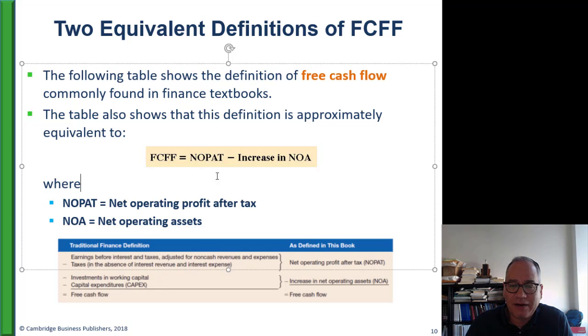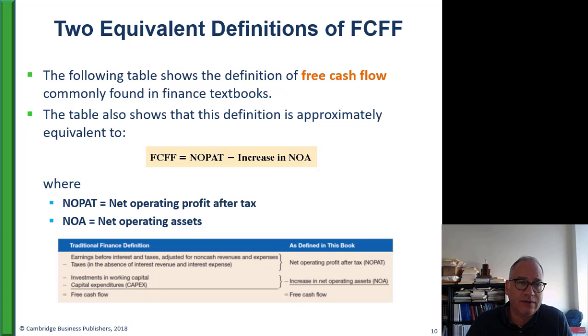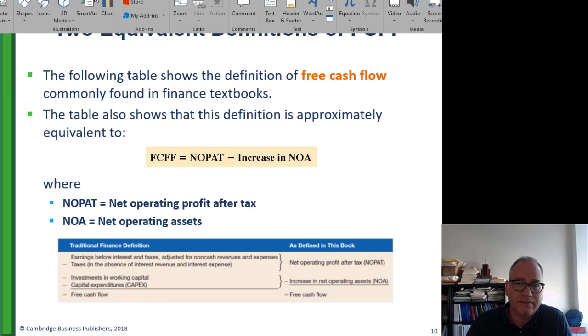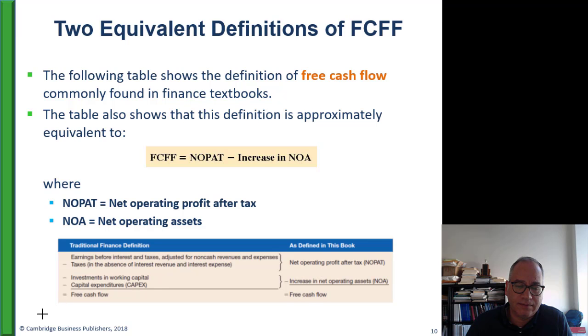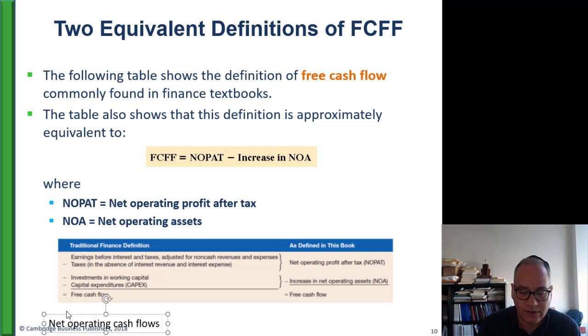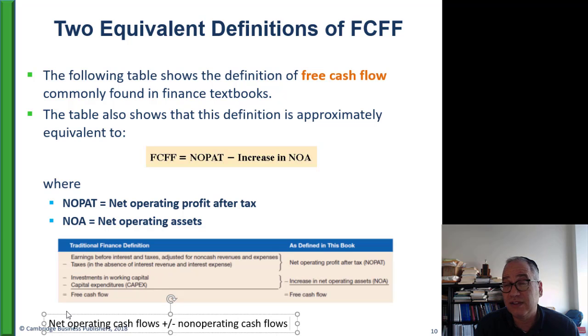However, if I was doing this in the real world, what I would do is I would do net operating cash flows plus or minus adjusted for any financing cash flows. I'll call them non-operating cash flows. So sometimes you may have interest income, interest expense, and sometimes dividend income, depending on what the dividends are on. If the dividends are on financial assets, investments, then they're non-operating.